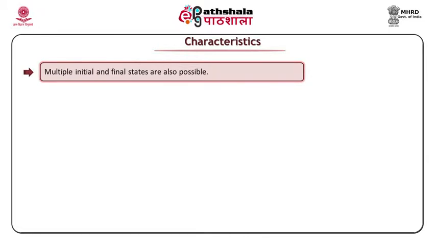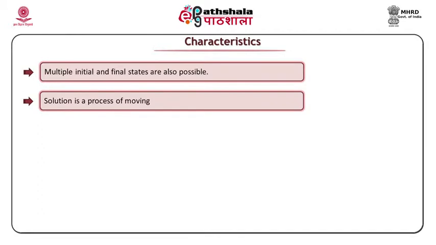For example, in case number 2, you might have 4, 1, 3 as the final state. And in the earlier one also you can have 2, 0 or 2, 3 and 2 is also possible. So there are multiple initial and multiple final states possible in other problems. When we see some other problems, we will see that there are many complexities. But anyway, we are not going to discuss that right now.